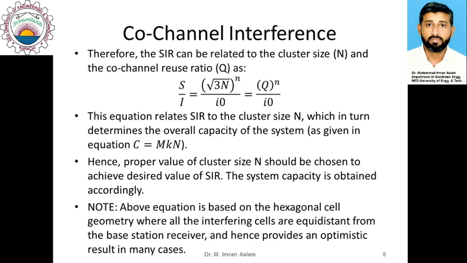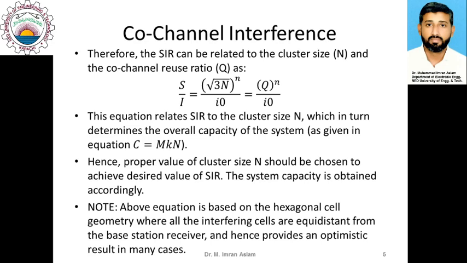You can see that this expression relates the SIR to the cluster size N, and we have discussed in our last week's lectures that this cluster size N determines the overall system capacity. We discussed this expression C is equal to mkN. Therefore, we need to set a proper value of N so that we get a minimum acceptable value for the SIR as well as maximum possible value of the capacity.